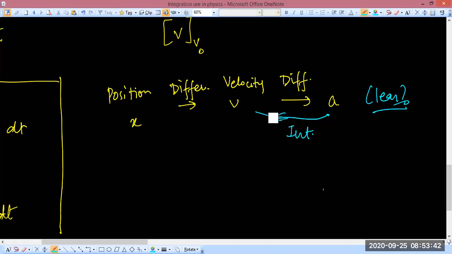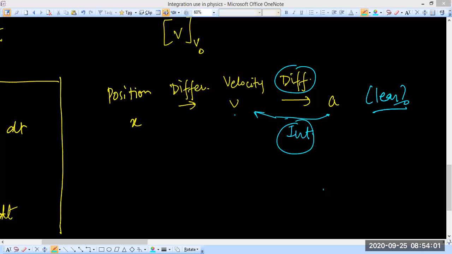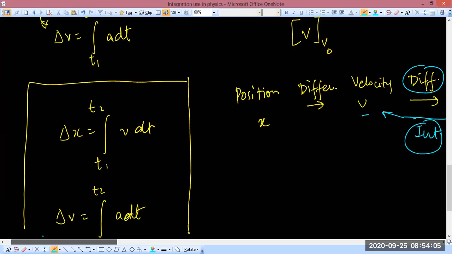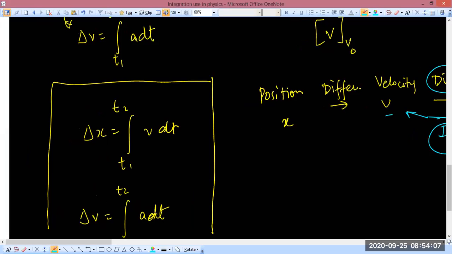Agreed? Because differentiation and integration are opposite processes, integration of acceleration should give velocity. And it does. Have a look at this relation.